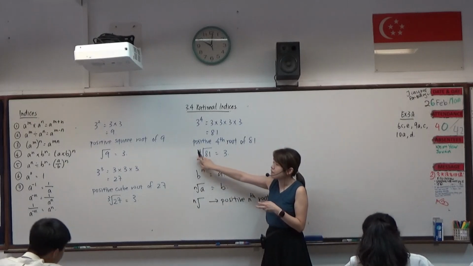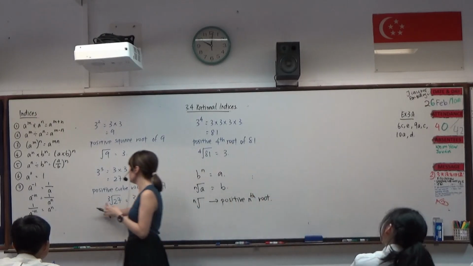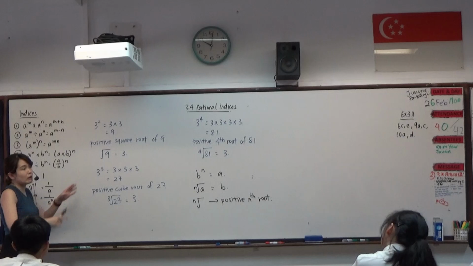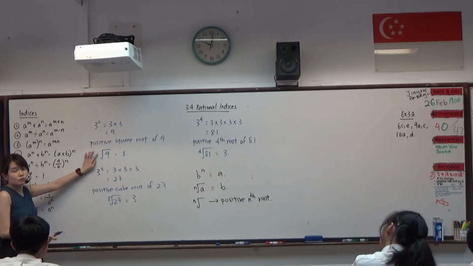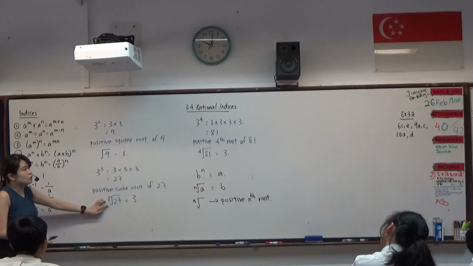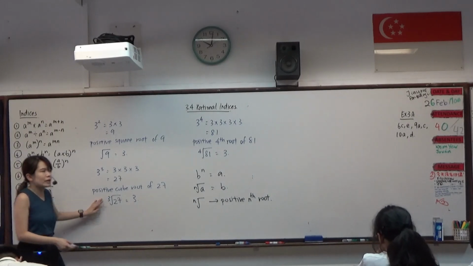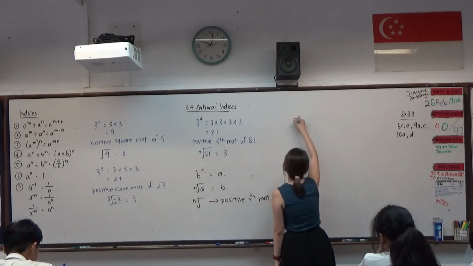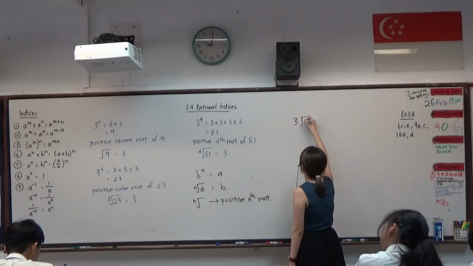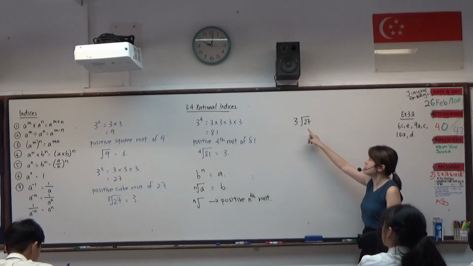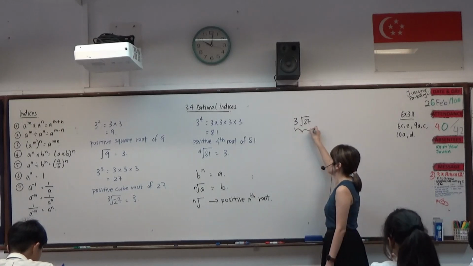Over here I have the positive fourth root, positive cube root, and then the positive square root. For square root, we don't need to write down the 2. But cube root and beyond, we need to put in the number. The number needs to be small. You cannot write it as equally large as a number, because this will then mean 3 times square root 27.